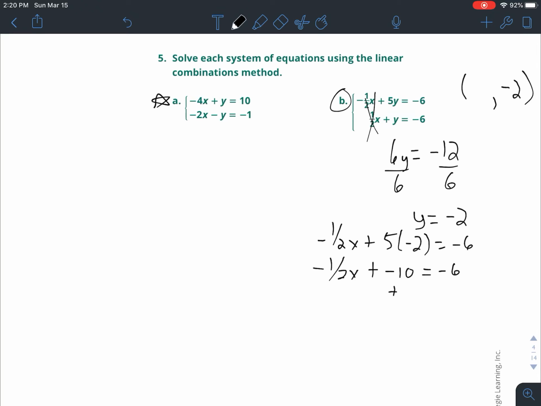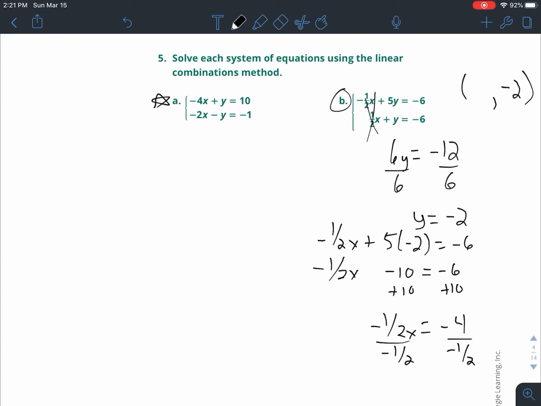I should not say plus, I should just leave that as minus 10. We add 10 on each side. Negative 1/2 x equals 10 plus negative 6, which leaves us with negative 4. Divide this on each side by negative 1/2.